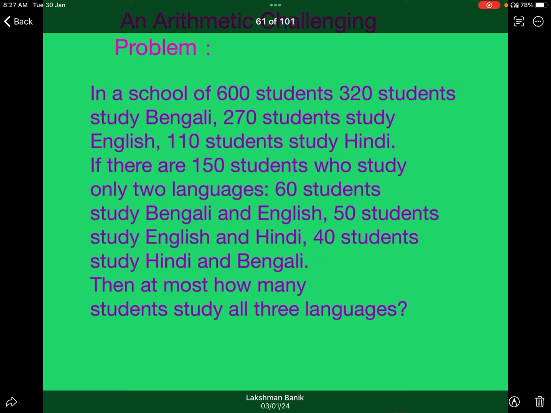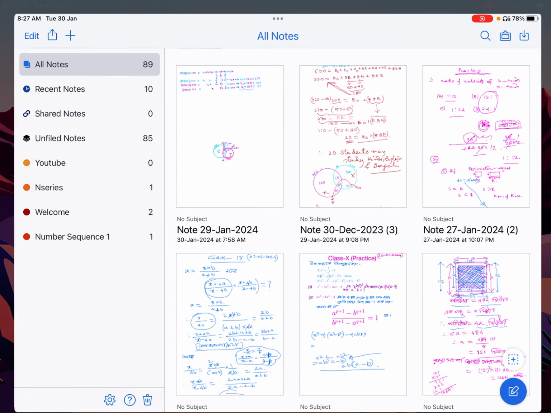So let us first figure out and put down all the characteristics of students included in that figure. That is 320 students study Bengali, meaning what type of students are included in this counting, that is 320. So we may just figure this out.